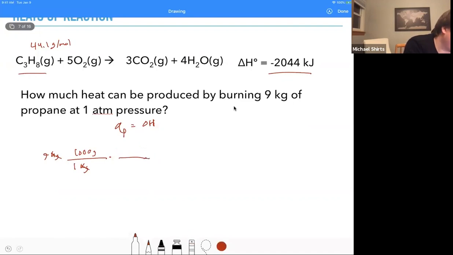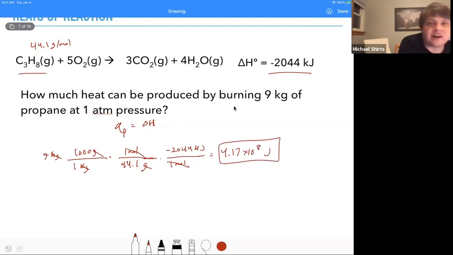It doesn't matter what order we do the conversions in, but just to make things simpler here, grams for 1 mole. There we go. And now for 1 mole of propane burning, we have minus 2044 kilojoules. So the moles cancel, the grams cancel. And what we get out is 4.17 times 10 to the 8th joules.